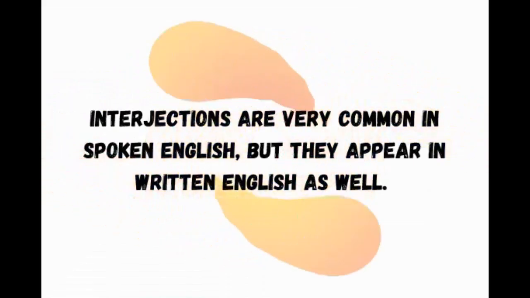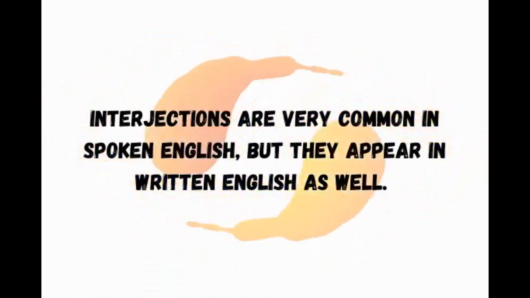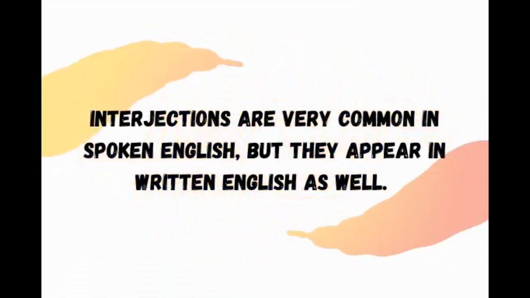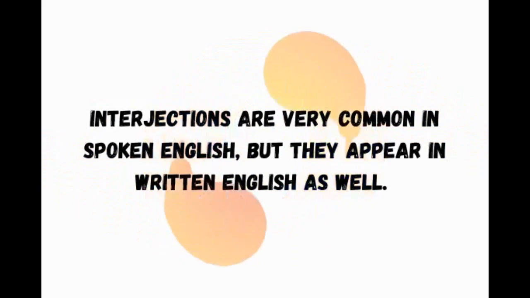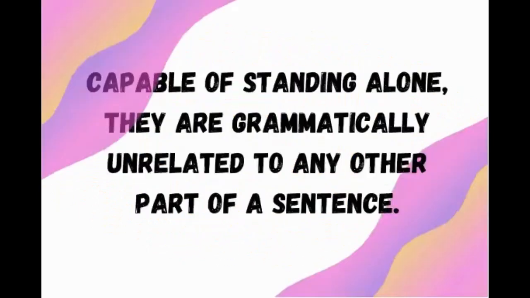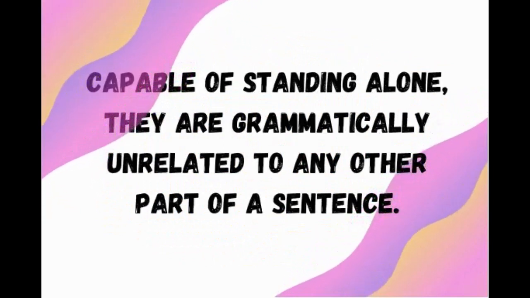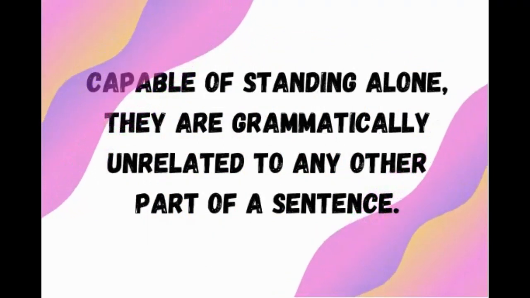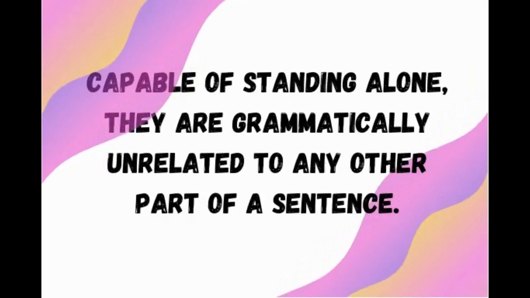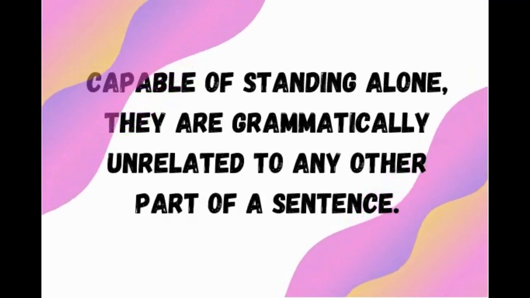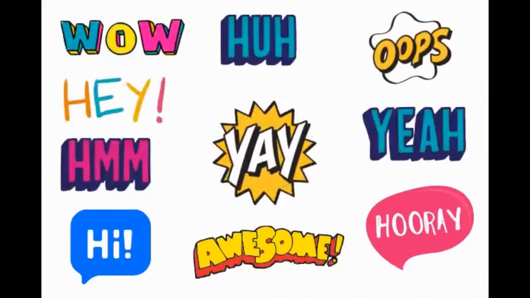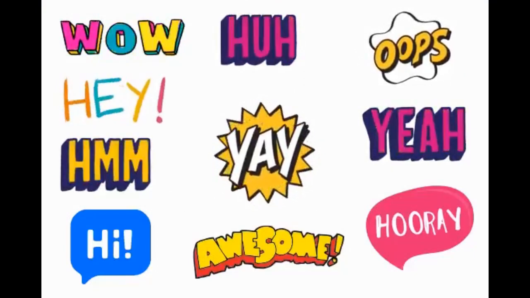Interjections are very common in spoken English, but they will appear in written English as well. So interjections can be used without having any effect on a sentence because they can stand on their own. So here are some examples for interjections.